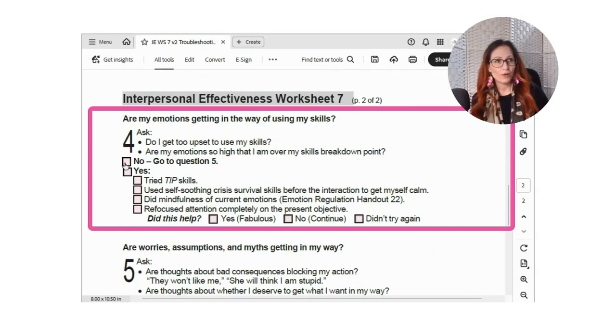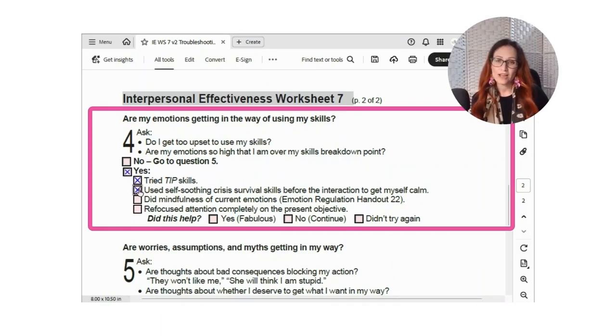If you think that no, your emotions are not getting in the way of using your skills, then you can continue on to question 5. If, however, you are too upset to use your skills, or you're over your skills breakdown point, then try the TIP skills from distress tolerance.